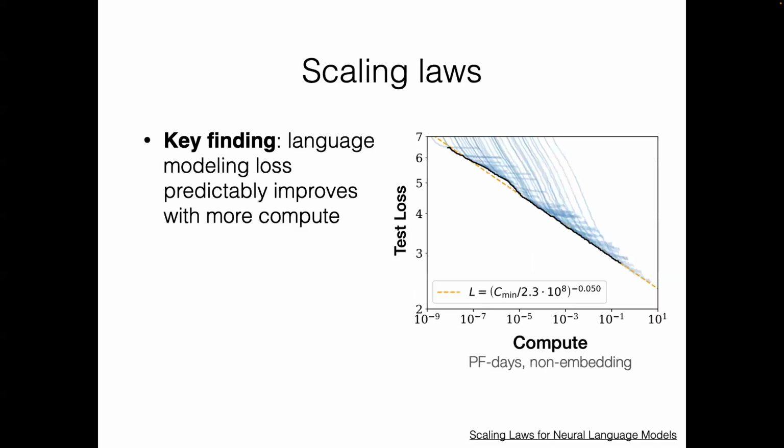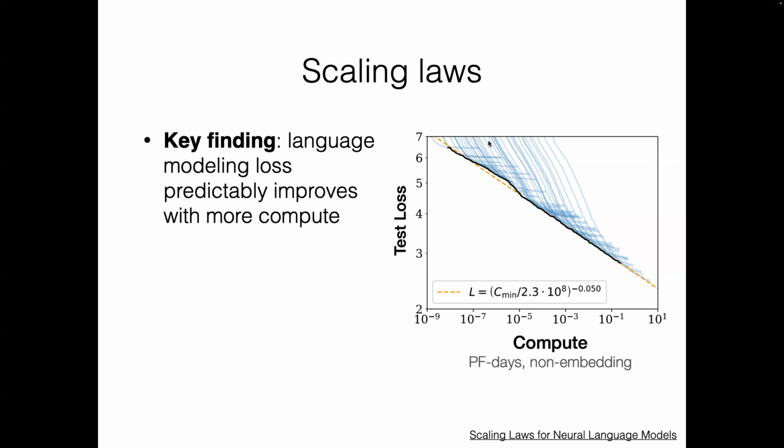And the cool finding in the language model research has been that just increasing the amount of compute that you have can predictably lead to improvements in the quality of the language model. And so here what this is showing is the compute on the x-axis.